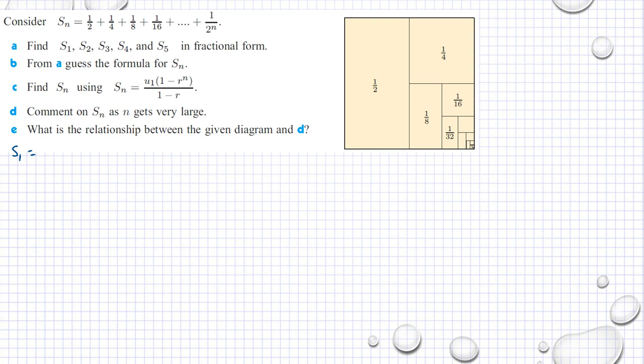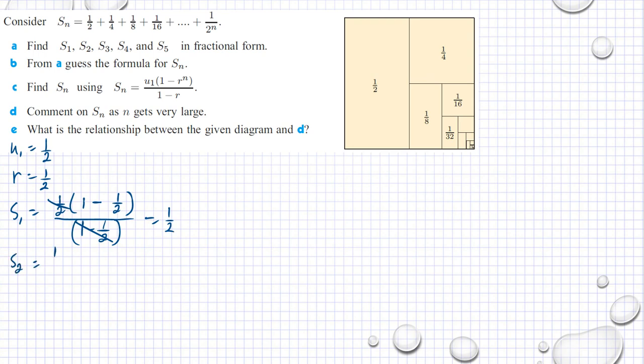Our u sub 1 is equal to 1/2, and our r is also equal to 1/2. So S sub 1 is 1/2 multiplied by 1 minus 1/2, divided by 1 minus 1/2, and this is also 1/2.